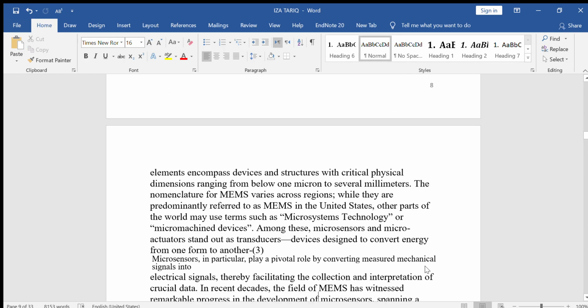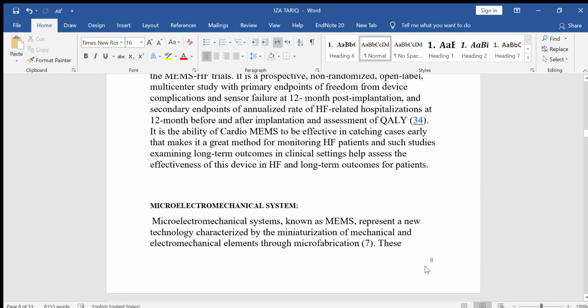But what is a microelectromechanical system? Microelectromechanical system, abbreviated MEMS, represents a new technology characterized by miniaturizing mechanical and electromechanical elements through microfabrication.